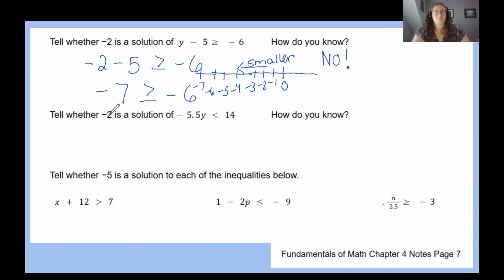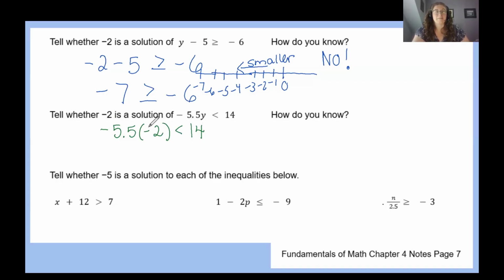Tell whether -2 is a solution of -5 and 5/10 y is less than 14. All right, so where we see y, we're going to substitute -2. So we'll have -5.5 or -5 and 5/10 times -2 is less than 14. Well, let's solve. What's -5.5 times -2?